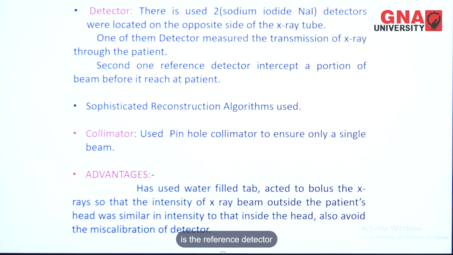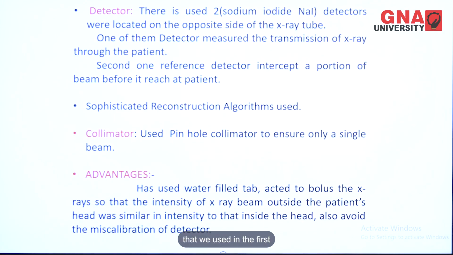The second one is the reference detector that intercepts a portion of the beam before it reaches the patient. After this data acquisition, we use sophisticated algorithms, commonly known as reconstruction algorithms, which reconstruct the image into a slice.